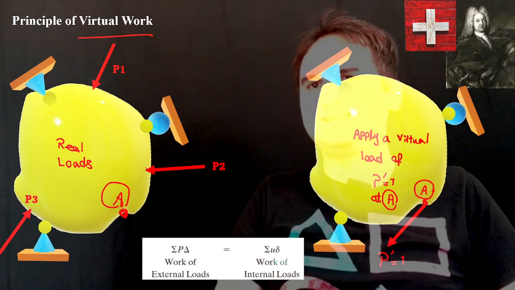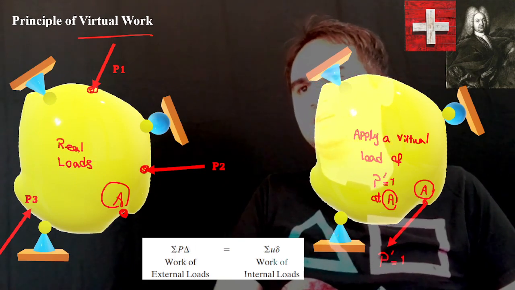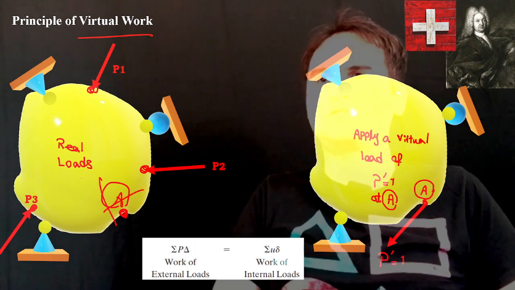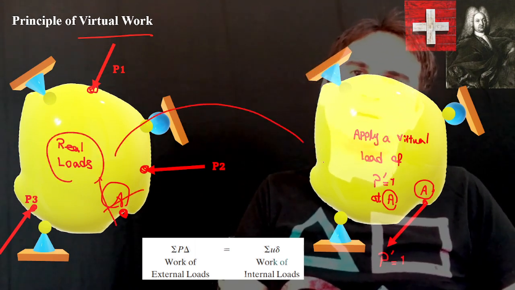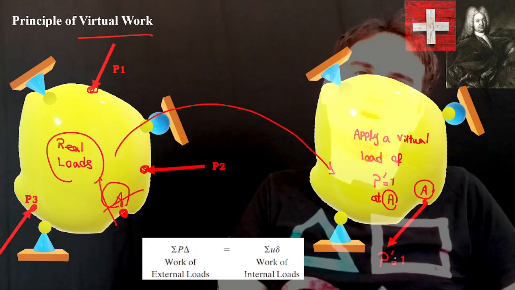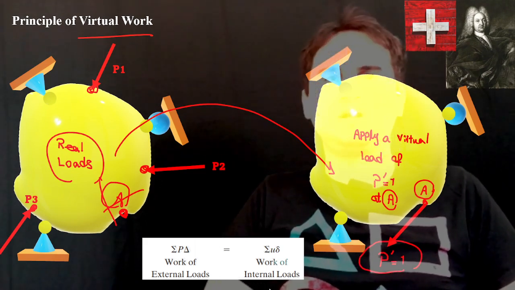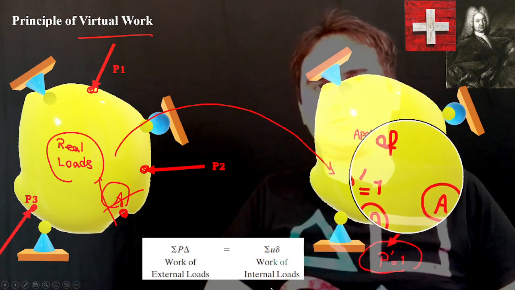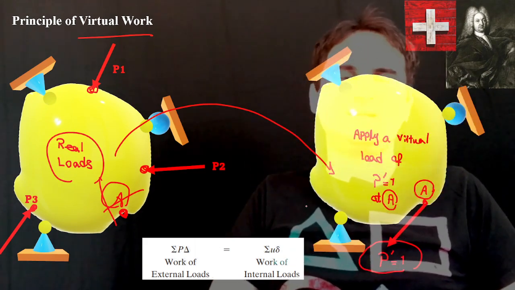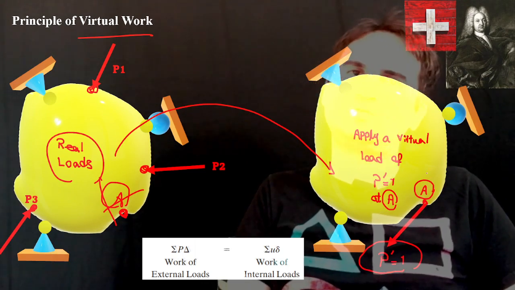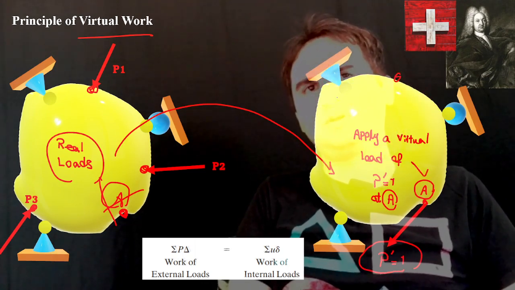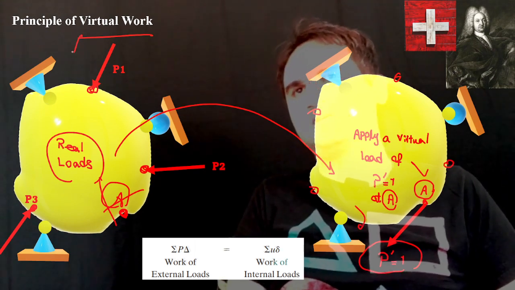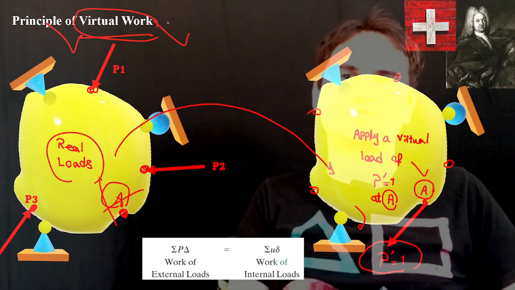So for example, you can easily calculate deflection here, and also displacement here, but not at point A with the help of real loads. So if we apply a virtual load of 1 unit, like P prime, at point A, or any other point, because point A is an arbitrary point, we can easily calculate the deflection or displacement at any point of our structure. And that's the strength of using a virtual work approach.